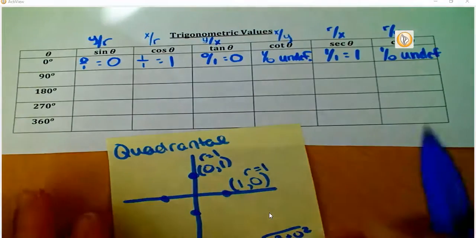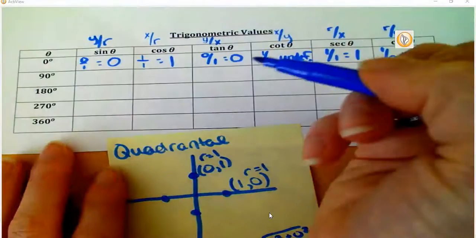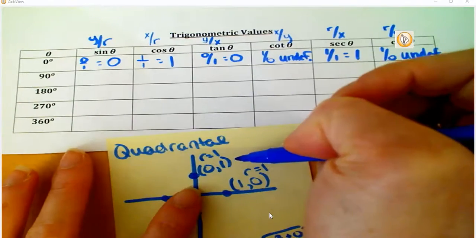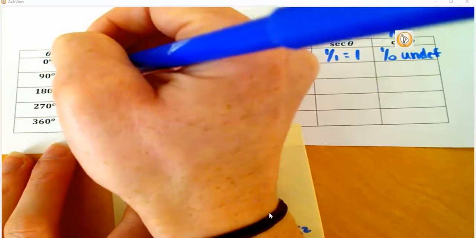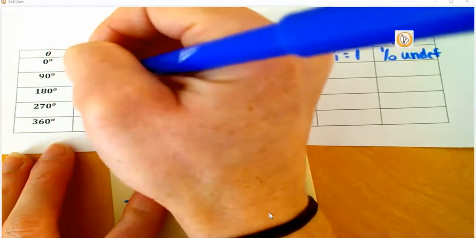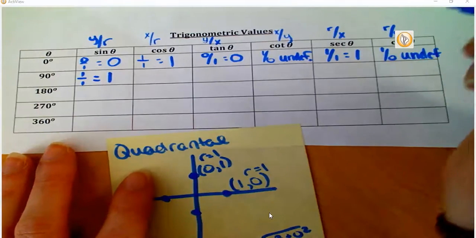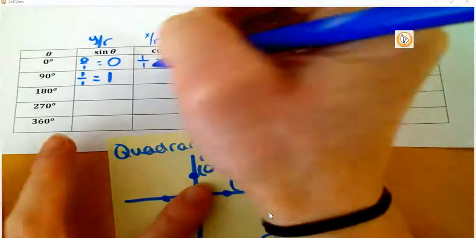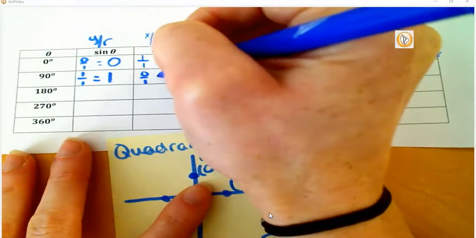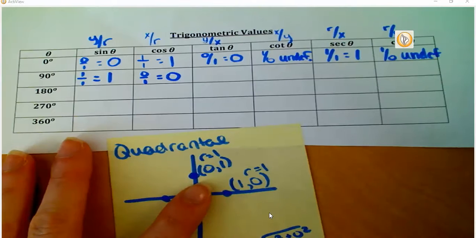So using our definition, y divided by r, that's 1 divided by 1 is 1. So the sine of 90 degrees equals 1. Cosine, x divided by r, so 0 divided by 1 is 0.